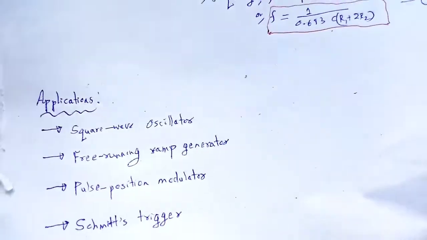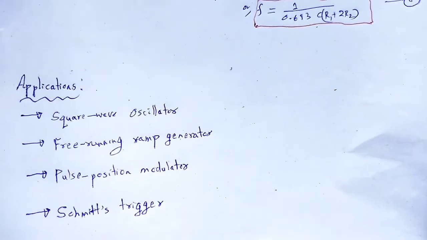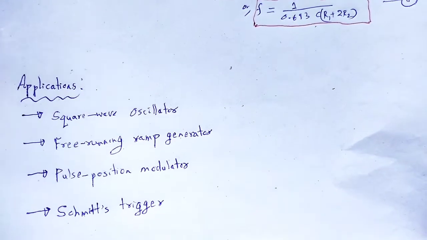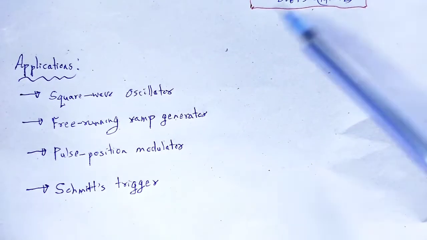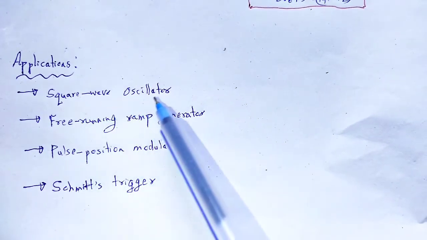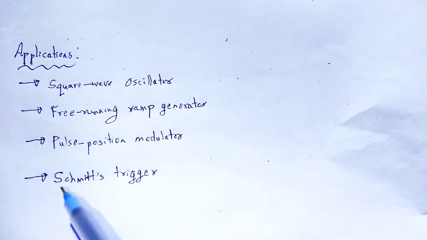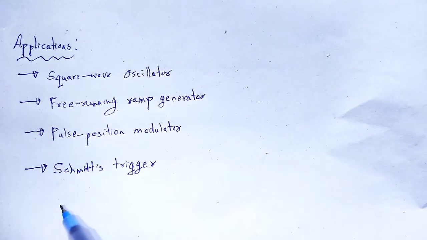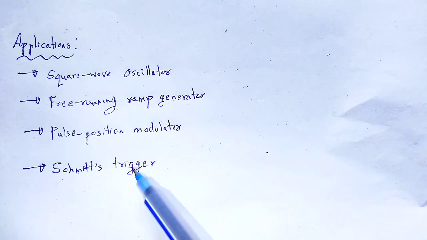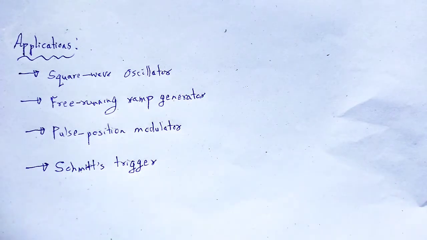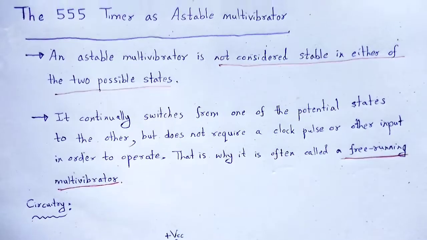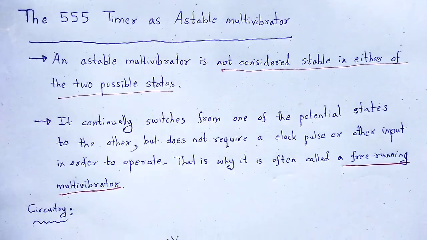Next, applications of astable multivibrator. It is used as a square wave oscillator, free running ramp generator, pulse position modulator, Schmitt trigger. In these cases, we use the 555 timer IC as astable multivibrator. So, with the help of this video lecture we understand the 555 timer as astable multivibrator.